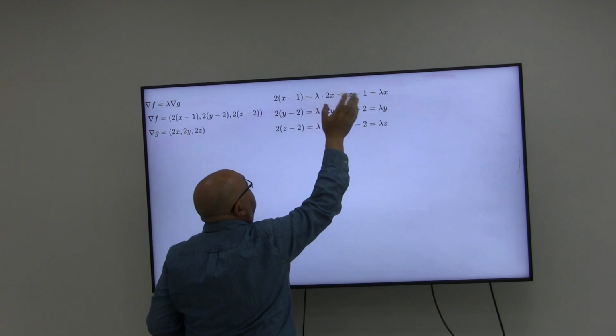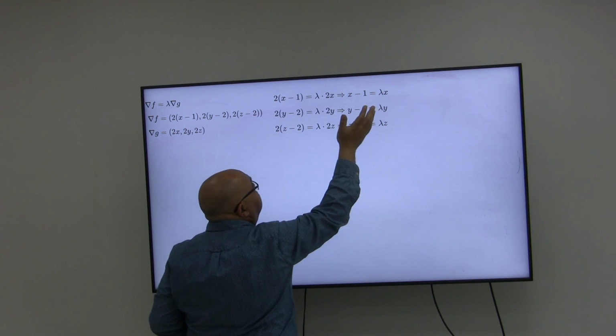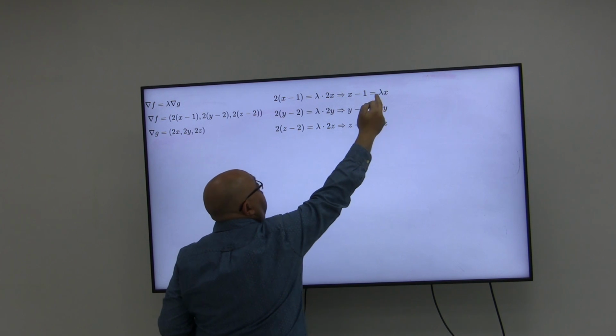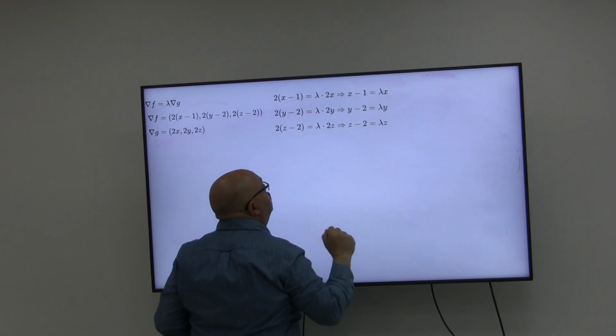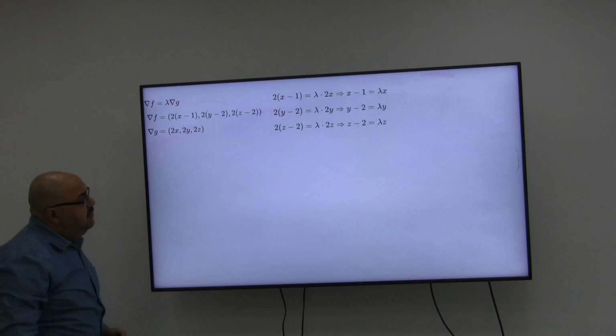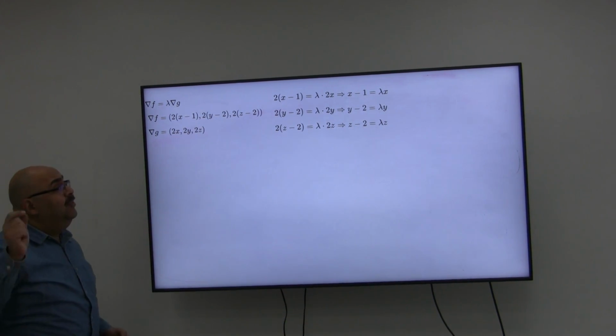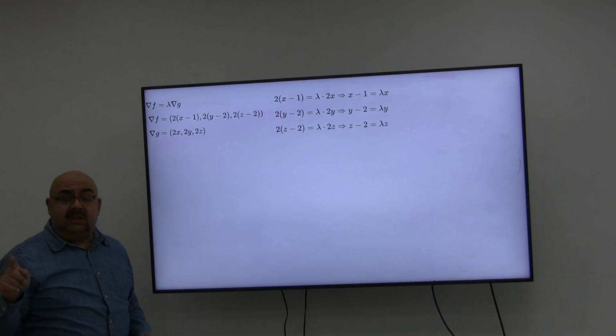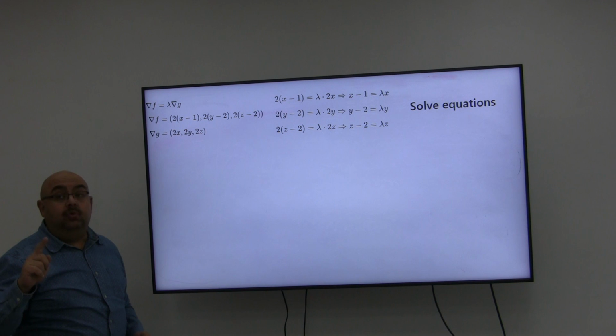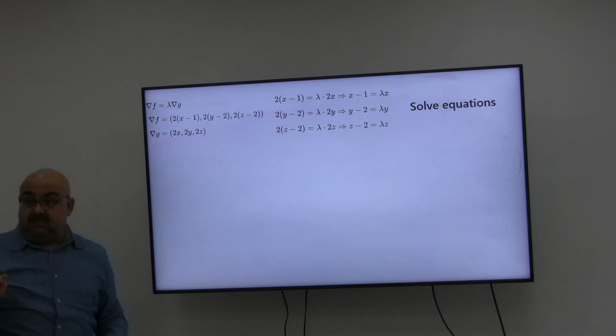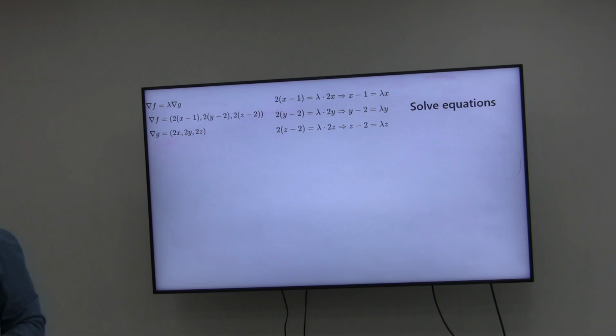In a simplified way, multiplying and taking a common factor leads to x minus 1 equals lambda x, y minus 2 equals lambda y, z minus 2 equals lambda z. And don't forget, you will also have to satisfy the sphere condition: each probable solution should satisfy the equation of the constraint.